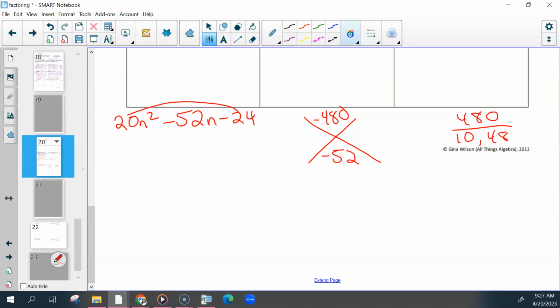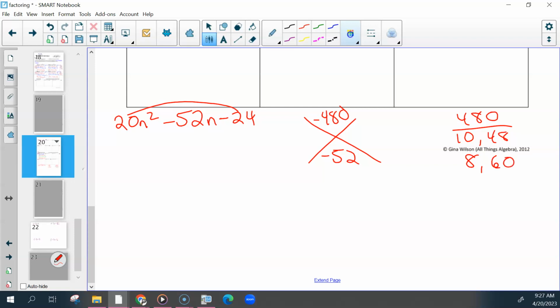So then start going up or down from 10. Does 9 work? So 480 divided by 9. Yep, 8 and 60, because 9 wouldn't work due to the decimal, but 8 and 60 would.